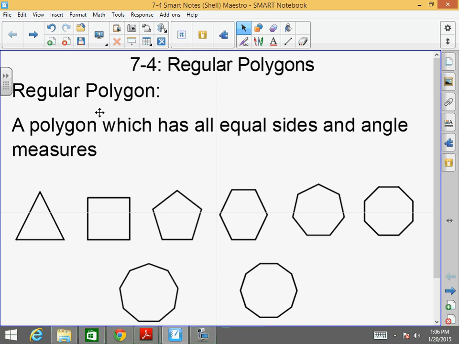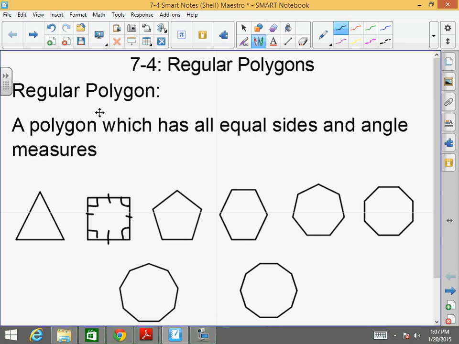So regular is different than that. A regular polygon has all equal sides and all equal angle measures. I gave you a bunch of different regular polygons here. The first one is a triangle because it has 3 sides. This is a square, okay? If it's a square and it's regular, that means all sides are congruent and all angles are congruent.